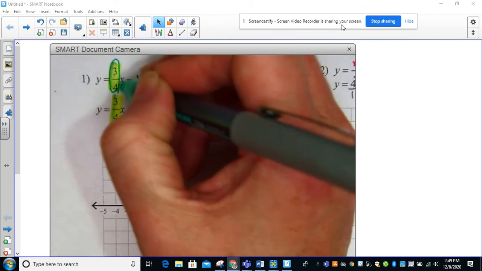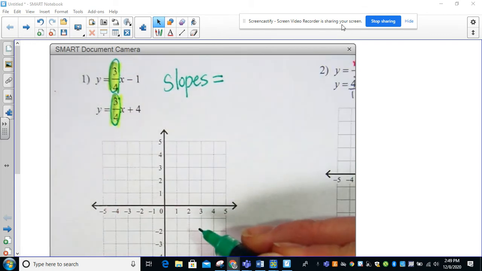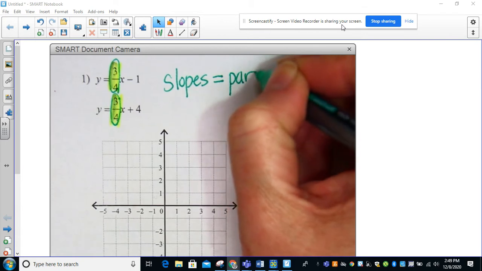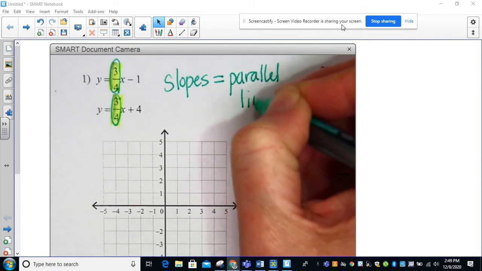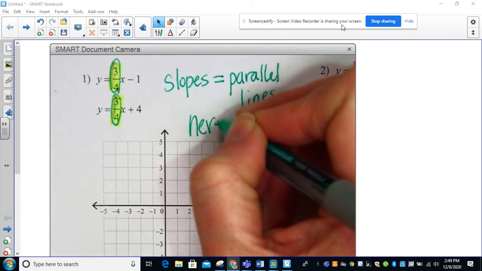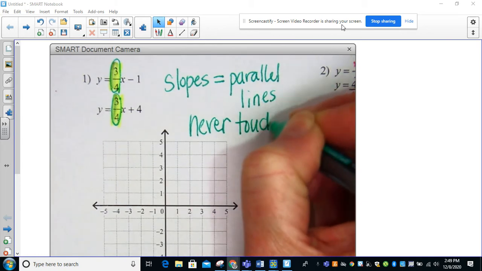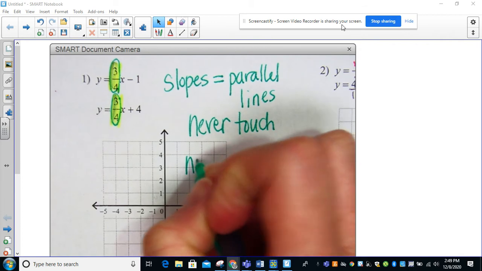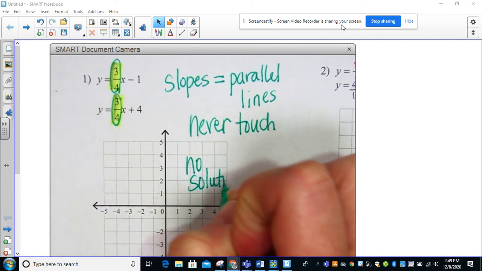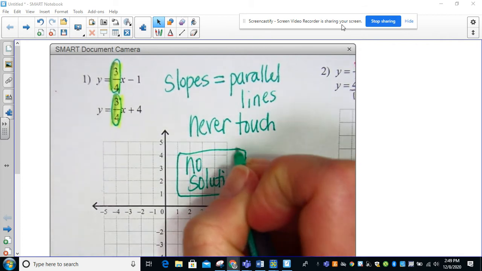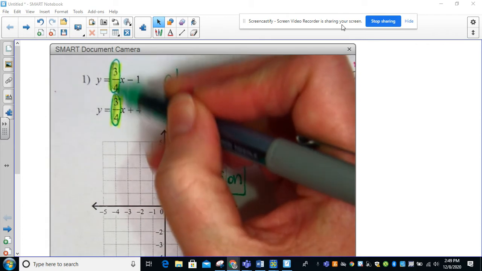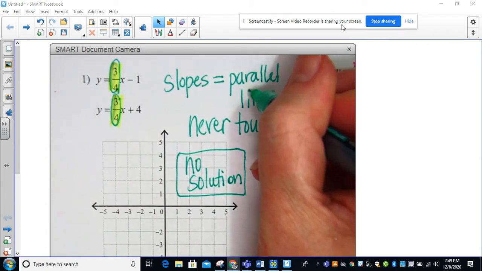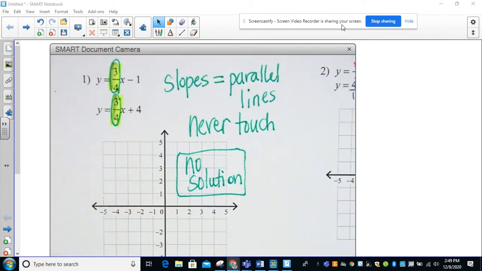If you have slopes that are equal, those lines will never touch because they are parallel. So honestly, I don't even need to graph those. I know this is not an option, so my answer is no solution. Again, that is when your two slopes are equal, makes parallel lines. Never touch.